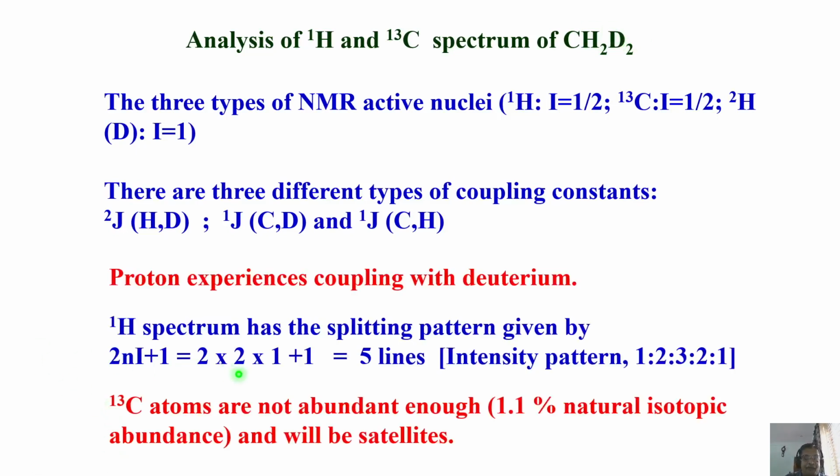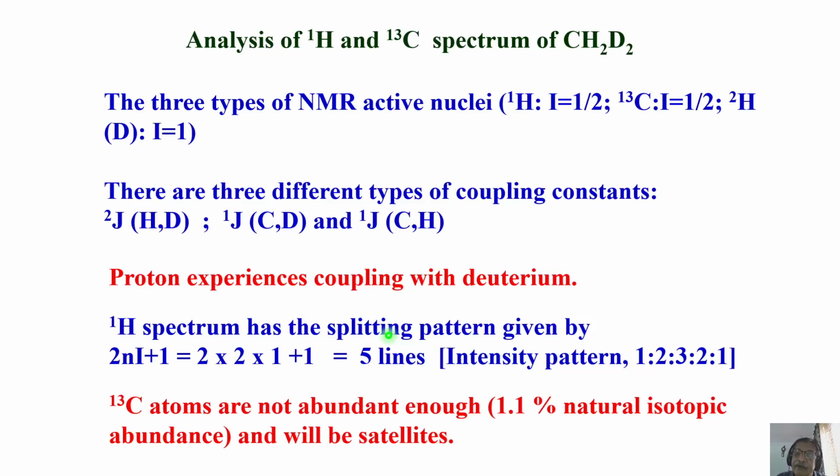Now, if you put 2nI plus 1, there are two nuclei here, 2 into 2, spin of deuterium is 1, plus 1, so you are going to get a 5 line pattern.